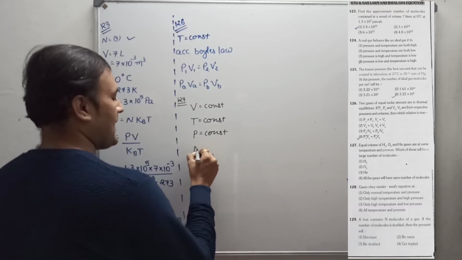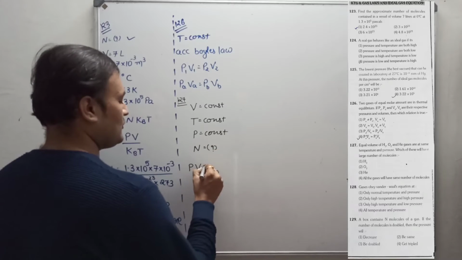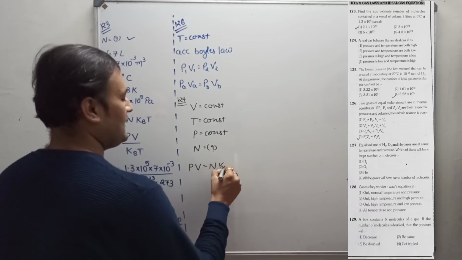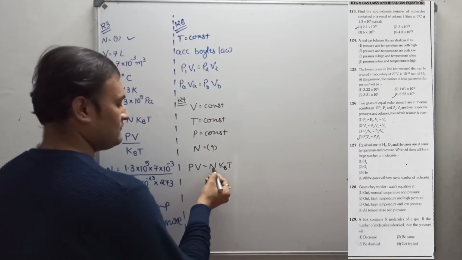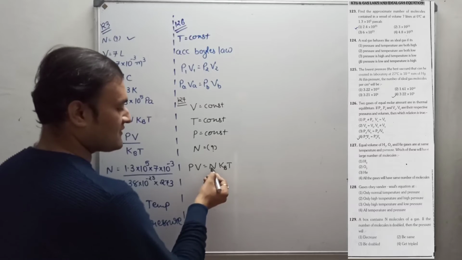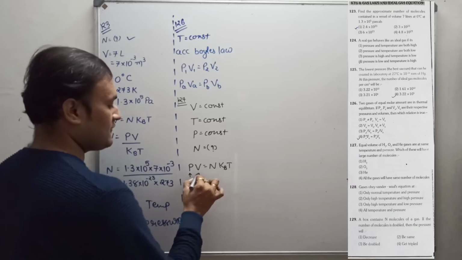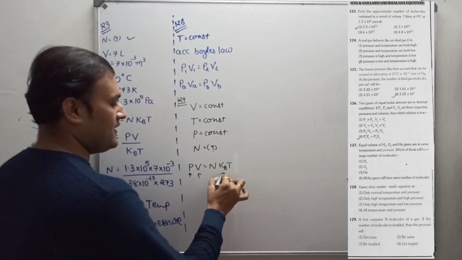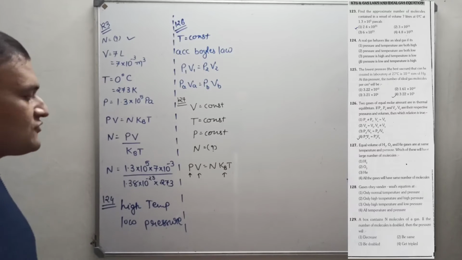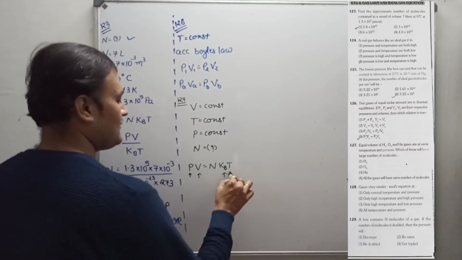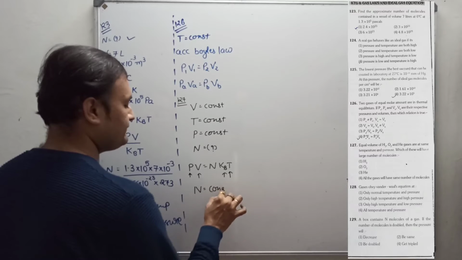We have to find out N, and we use the equation PV is equal to N KB T. According to this equation, we substitute for N. But P is constant, V is constant, KB is constant because its value is 1.38 into 10 raised to minus 23, and T is constant, so N will be constant for all.